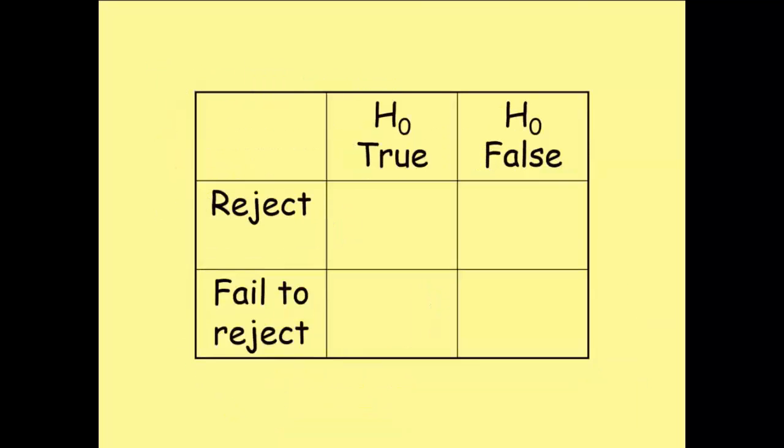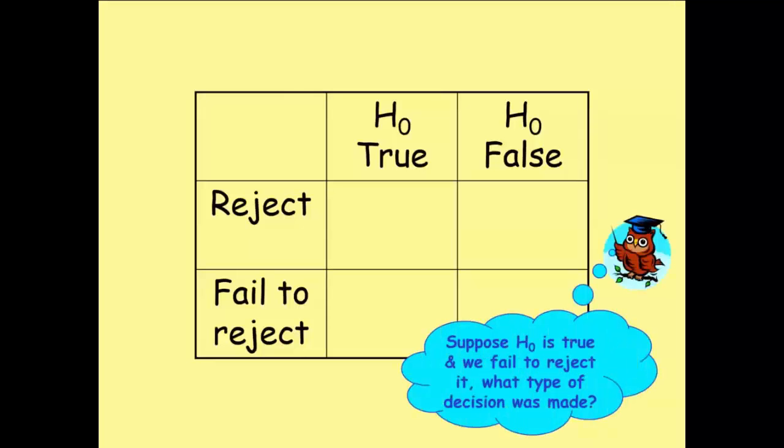Anyways, let me go back to my little chart. So let's talk about the types of decisions that we make with evidence and whether we made a good decision or whether there was some sort of error related to it. Okay, so suppose that we have a true null and we fail to reject it.